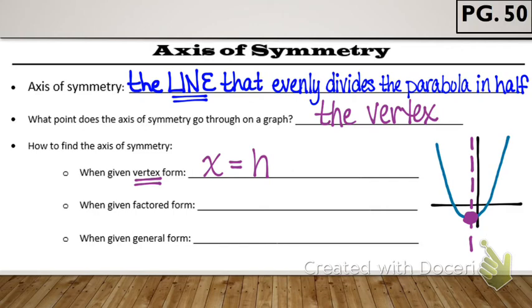When they give it to me in factored form, we're going to have to do a little bit of work with this. I need to know where my two roots are, and I add them together, and then I divide it in half. This gives me the halfway point between those two x-intercepts, and the vertex is always halfway between my x-intercepts.